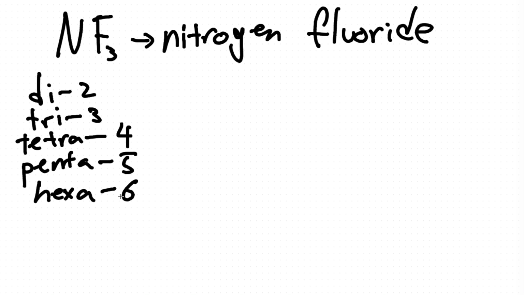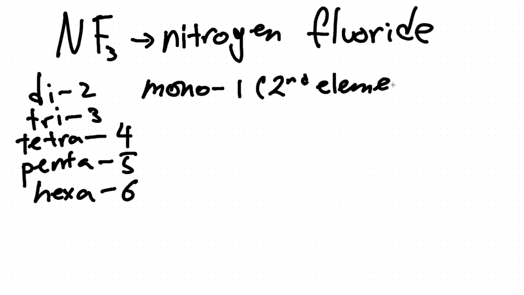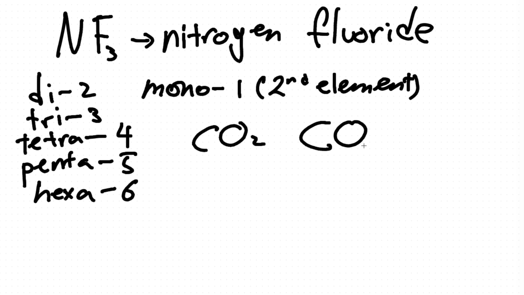Mono-, for 1, is sometimes used for the second element named, but rarely for the first element. And remember, this is for the second element. For instance, we would have carbon dioxide, CO2, and we would name the compound CO carbon monoxide.